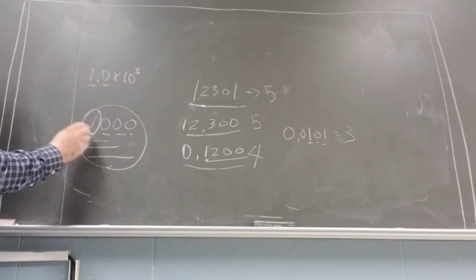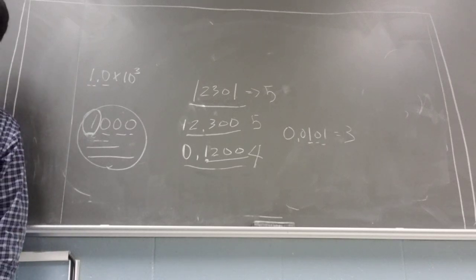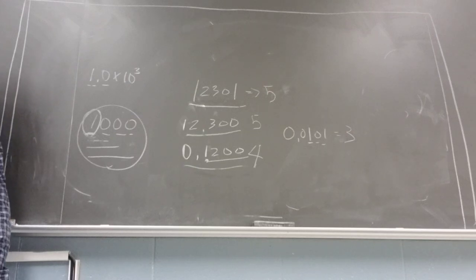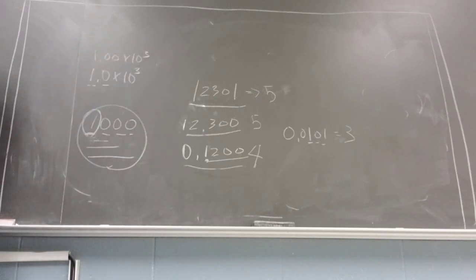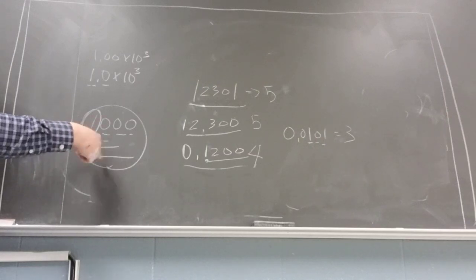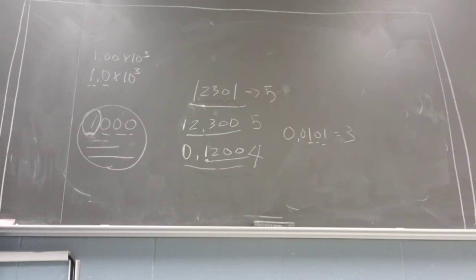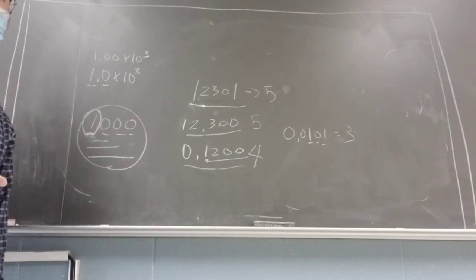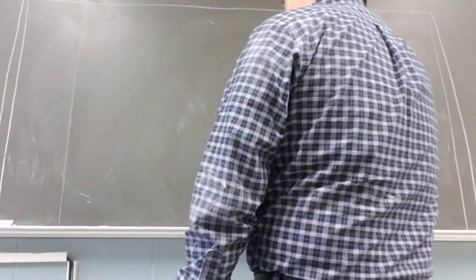Instead of putting 1,000 like this, if I put it in scientific notation, readers will find that there are only 2 significant figures for sure. If I put it with 3, it's still the same number. So this one is kind of arbitrary, and this one is very clear. Makes sense, right? I will not do this on the exam anyway, but just for you. So I will stop here today. Let's do extra credit.